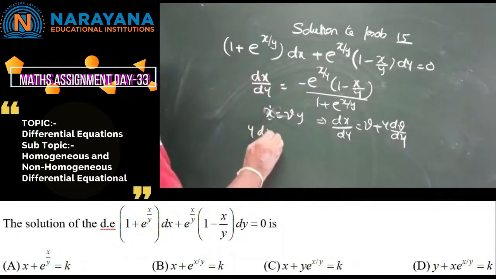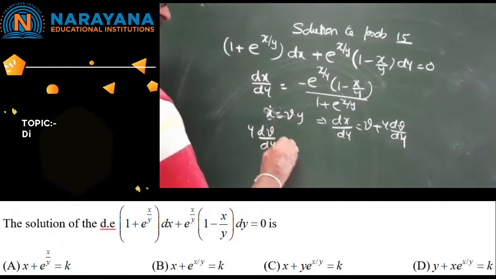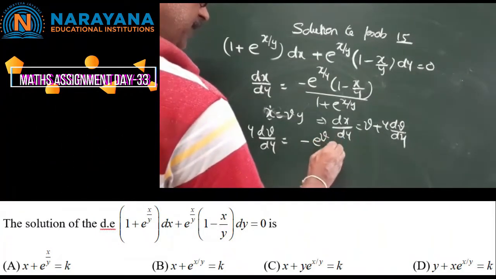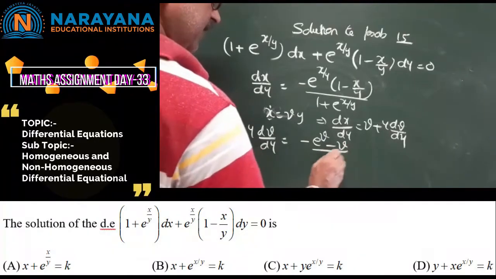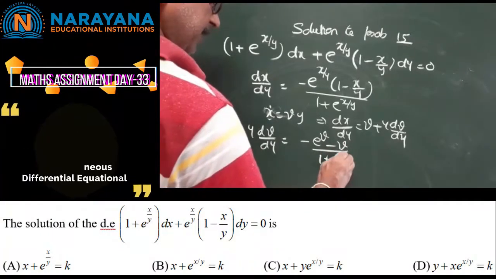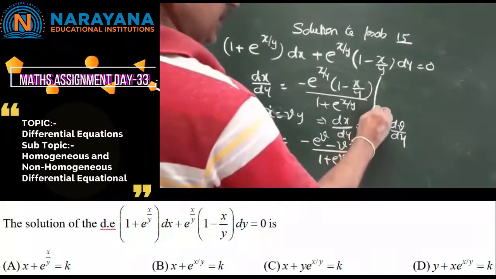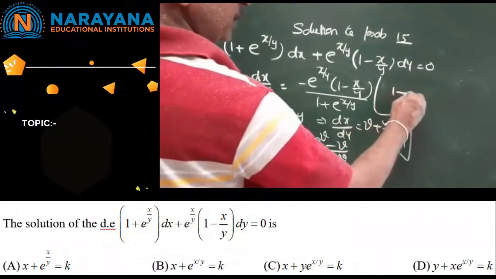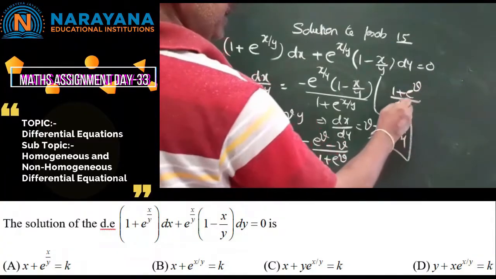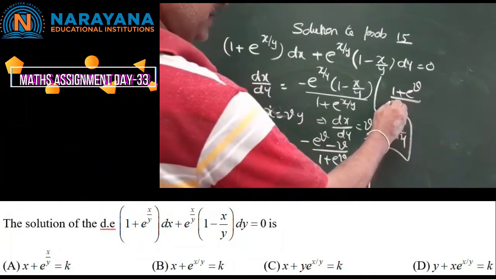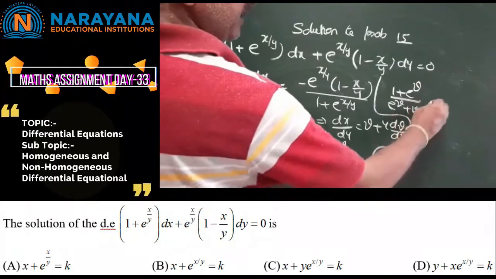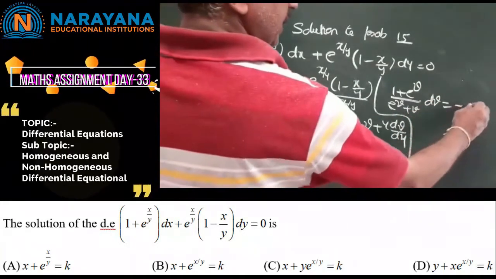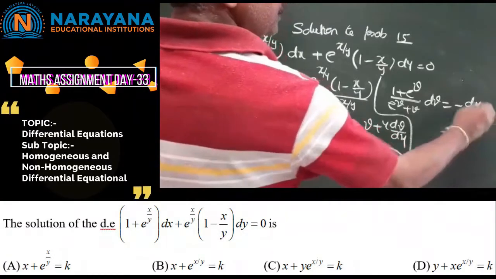So y dv by dy is equal to minus of (e power v minus v) divided by (1 plus e power v). And if you do the simplification with the change of variable, (1 plus e power v) divided by (e power v plus v) dv is equal to minus dy by y.